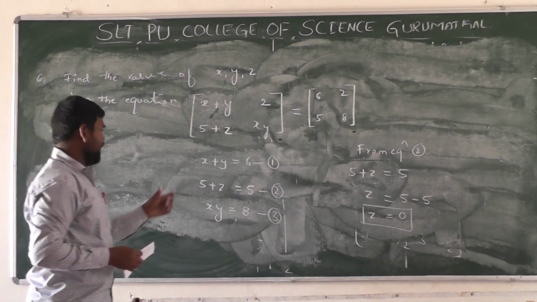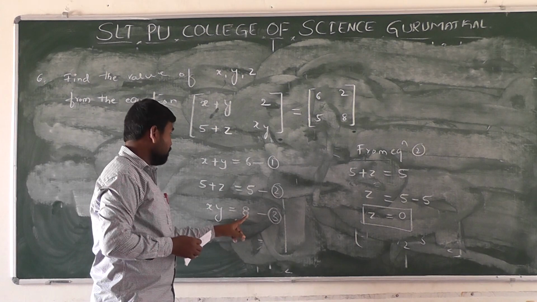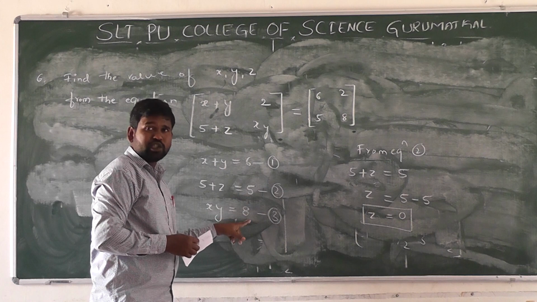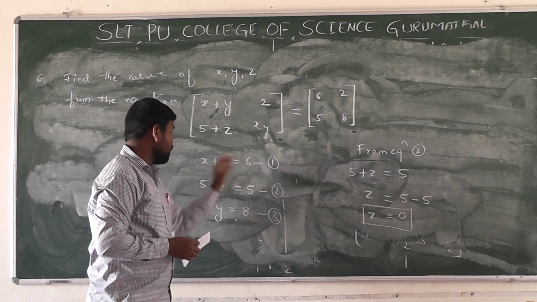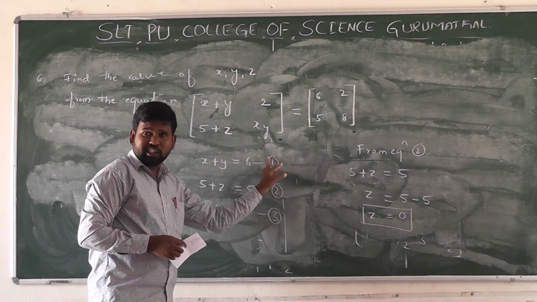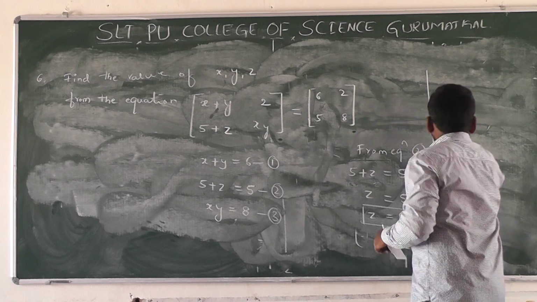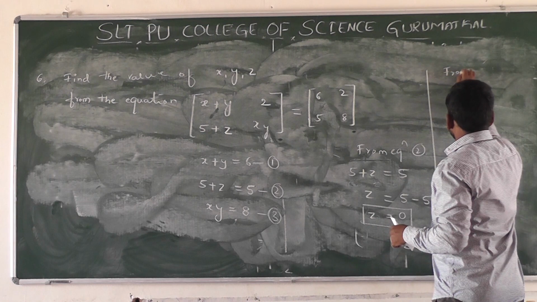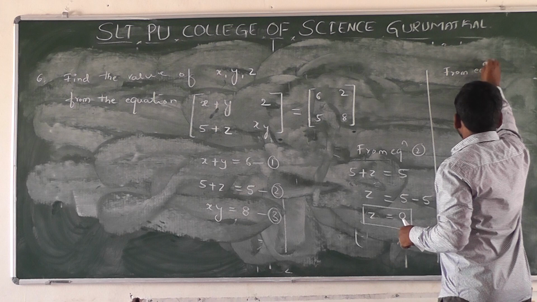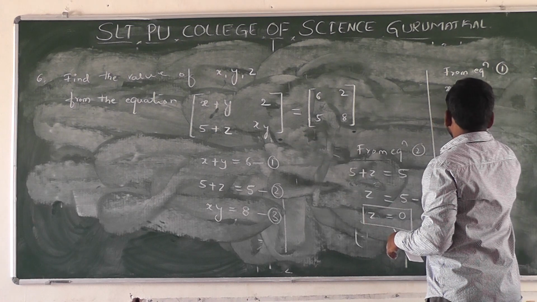Next, here x plus y is equal to 6 and xy is equal to 8. We have to change either this equation or that equation. X plus y is equal to 6 is there. What is x? We move plus y to that side. From equation 1, x plus y is equal to 6.